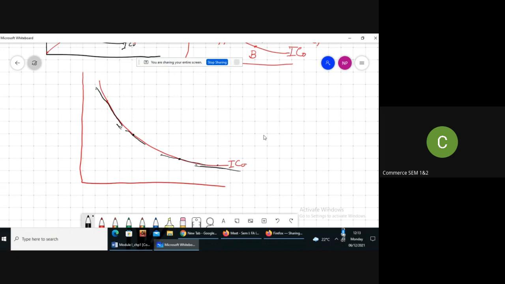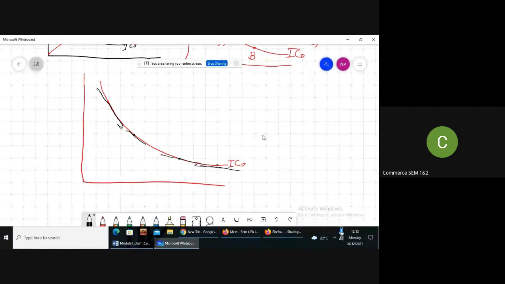So what we are seeing is that as we are moving rightward along the same indifference curve, the slope of the curve is falling continuously. That means the marginal rate of substitution will be falling continuously.